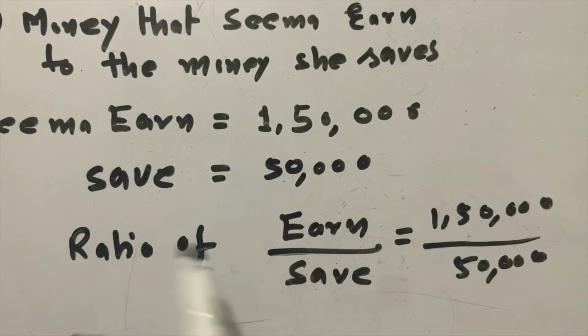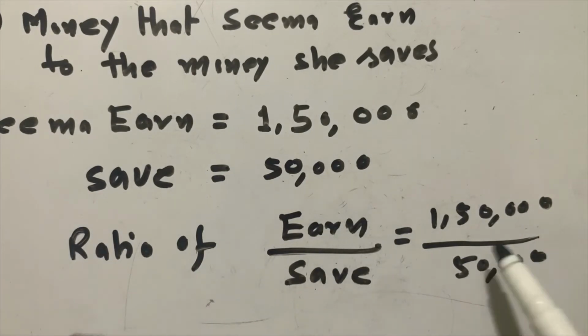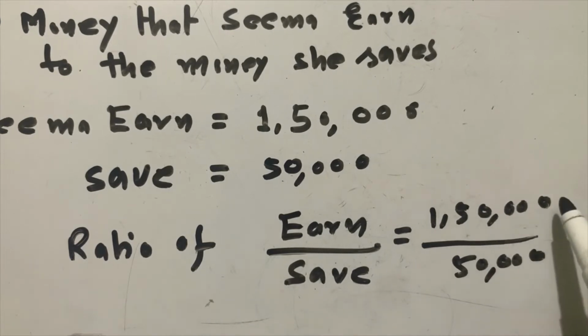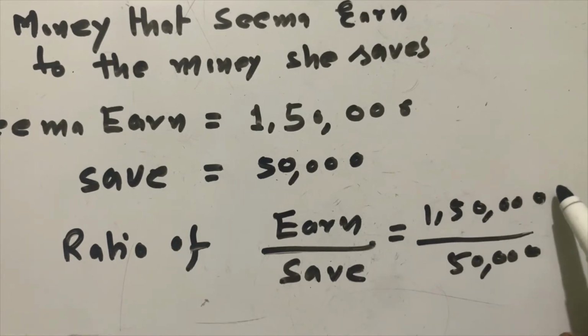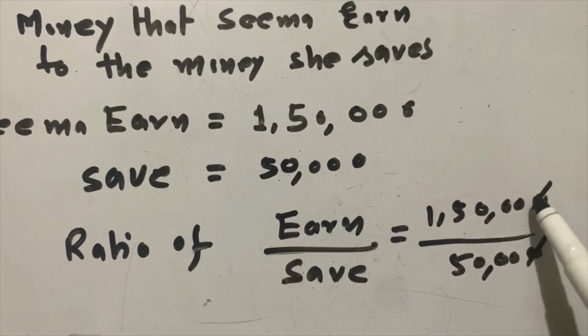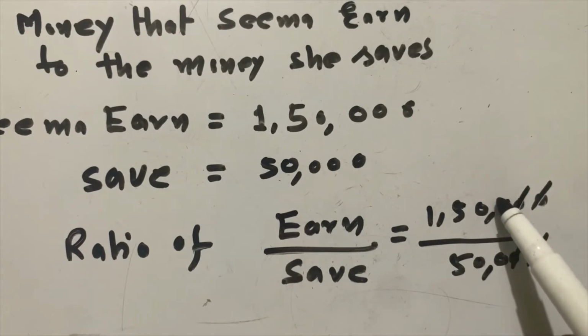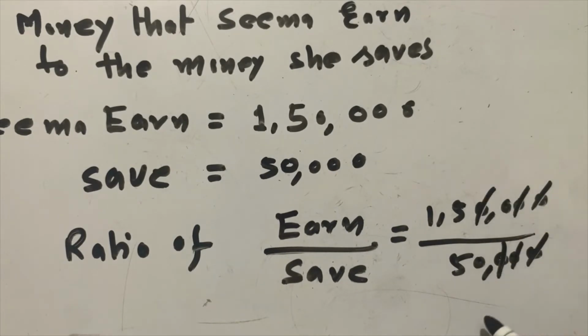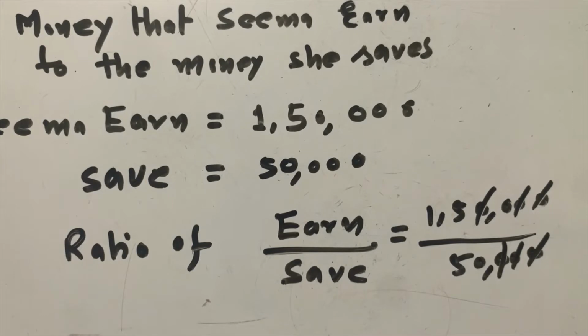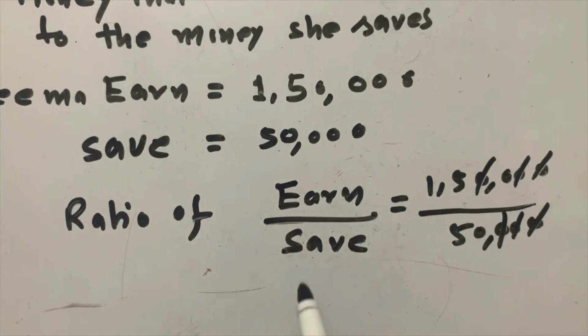And now we have to find the ratio of earning to saving, part A. So now this 0 will be cancelled, this 0 cancelled, this 0 will be cancelled. Now we got 15 upon 50.